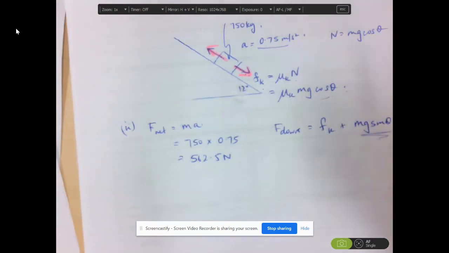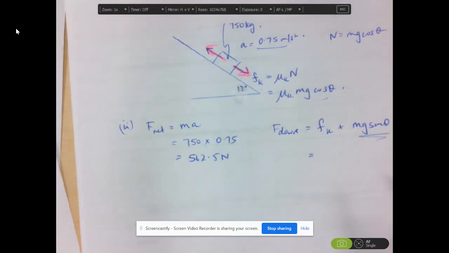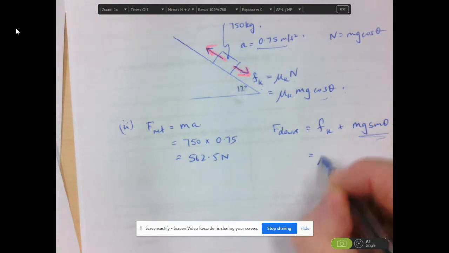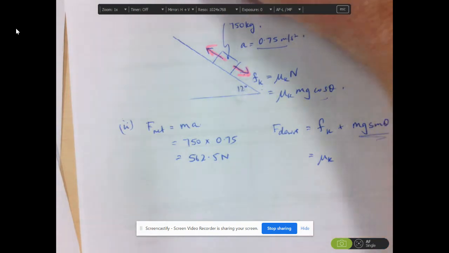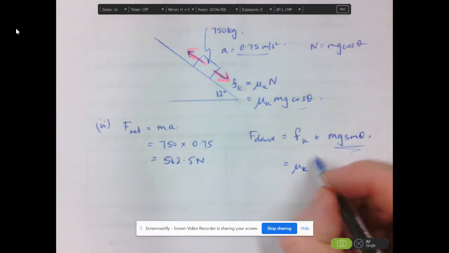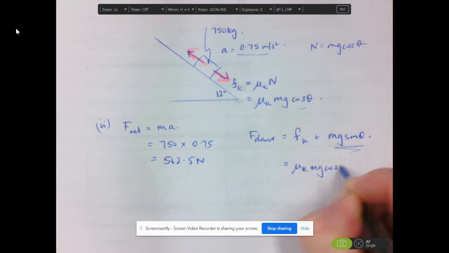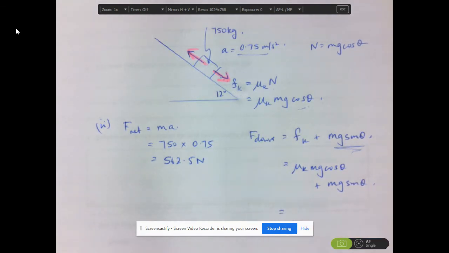So let's look at the value of that. Let's put it in algebra for the time being: it's mu k mg cos theta plus mg sine theta. So grouping those two together, mg goes outside of mu k cos theta plus sine theta.